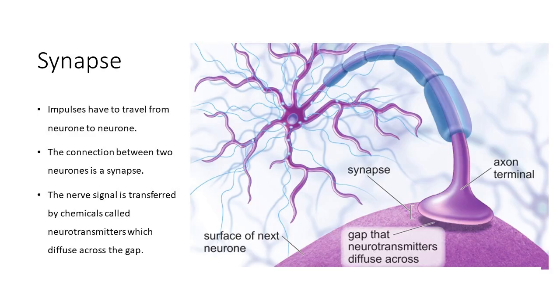But where the 2 neurons meet, they don't actually touch each other. There is a tiny gap between them called the synapse, and when the neurotransmitters diffuse or travel across the gap, across the synapse from one neuron to another, they set off an electrical impulse in that neuron.